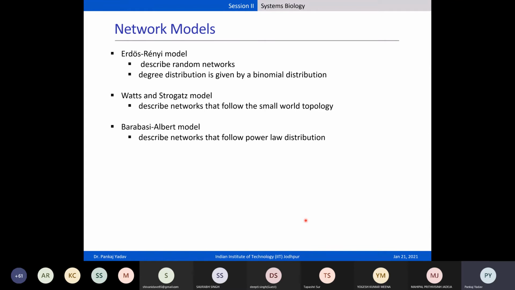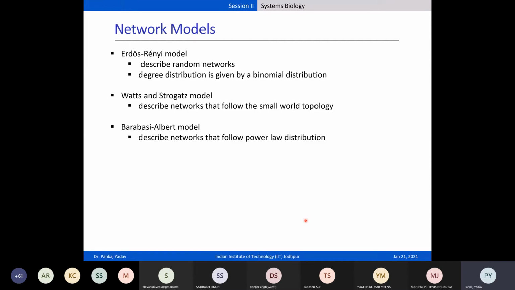This structure is random because the chance that there will be a connection between any two nodes is random, governed by some probability. You can assign some probability, throw the edges, and based on the probability you have assigned, you will see different sorts of an ensemble of networks.